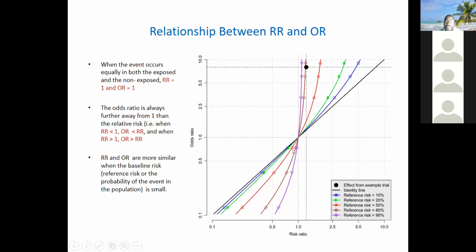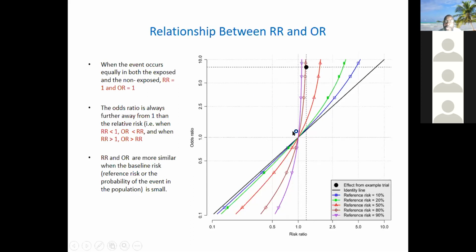But when both of them are above 1, on this side, let's show this red graph now. Look at the value of relative risk at this point here, 2.5. Is the corresponding odds ratio up to 2.5? No, it is above this graph.